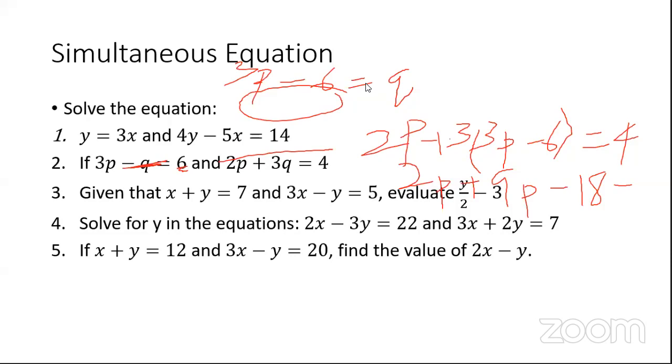So minus 18 goes to the other side, it becomes 4 plus 18, and that will give us 22.